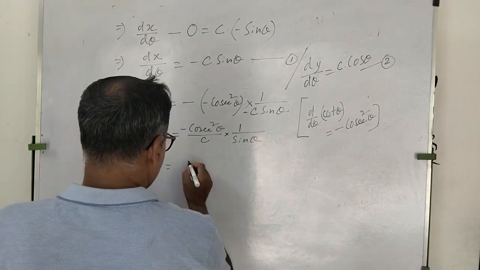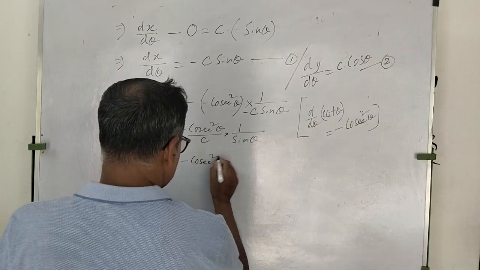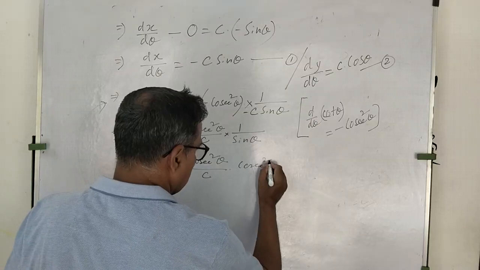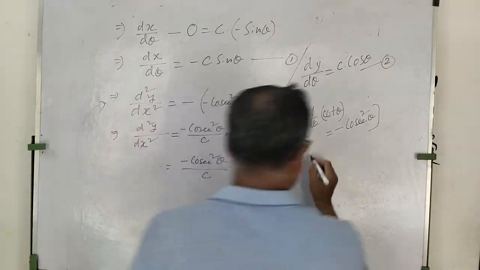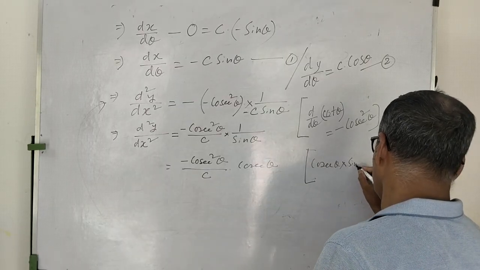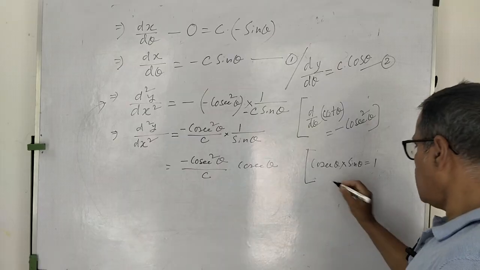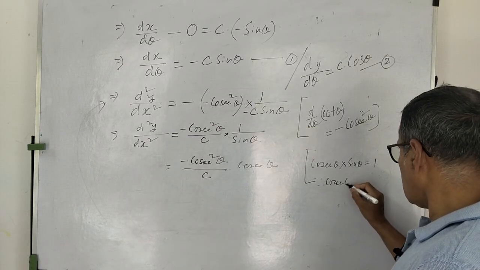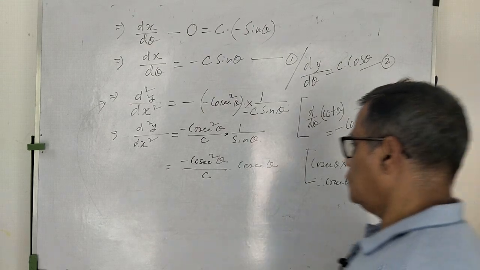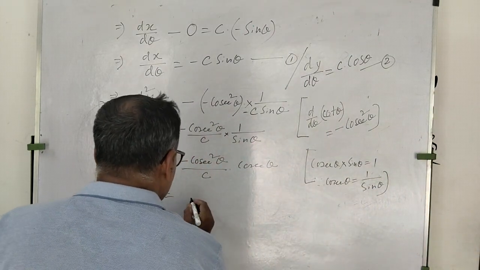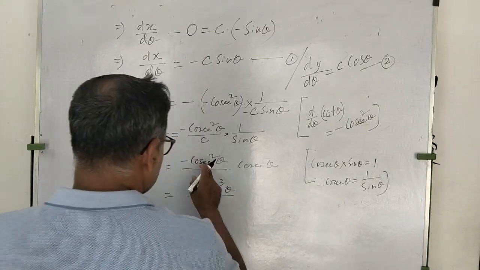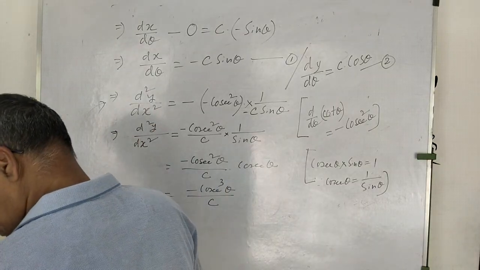This equals −cosec² θ by c, and this will be cosec θ. We know cosec θ times sin θ equals 1. Therefore, cosec θ equals 1 by sin θ. This is −cosec³ θ by c.